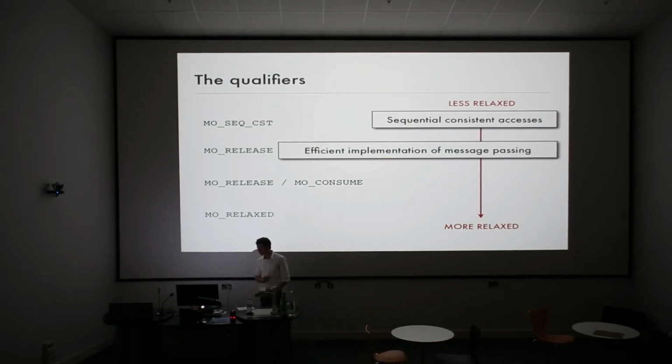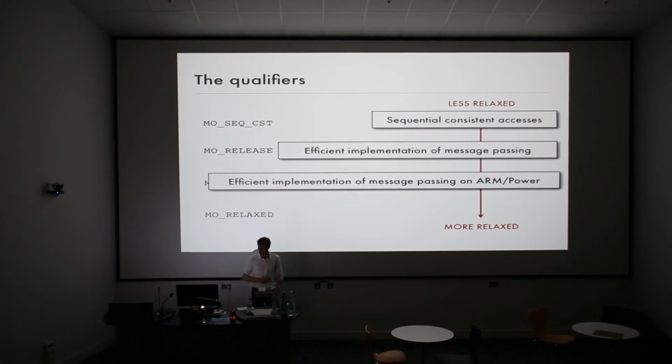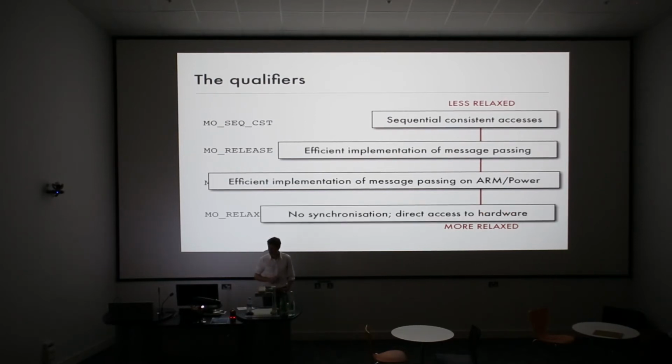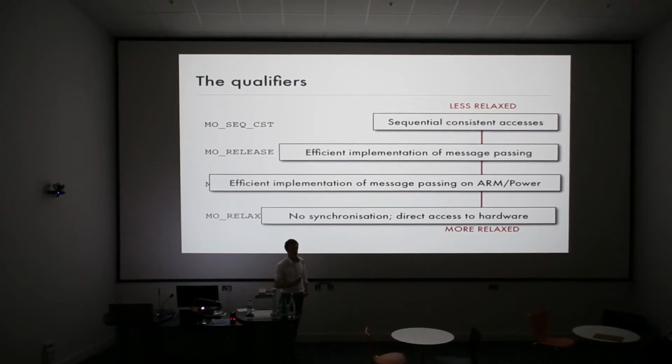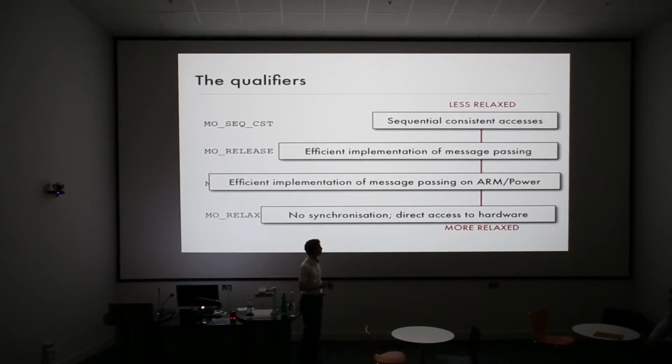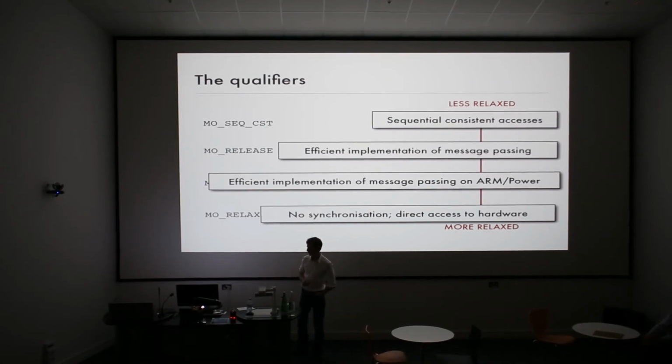And then there is release consume, which will give you an efficient implementation of message passing on some architectures, in particular ARM and Power. And then there is a more relaxed one that says, okay, no synchronization, I know what I'm doing, give me just a direct access to the hardware memory instructions.